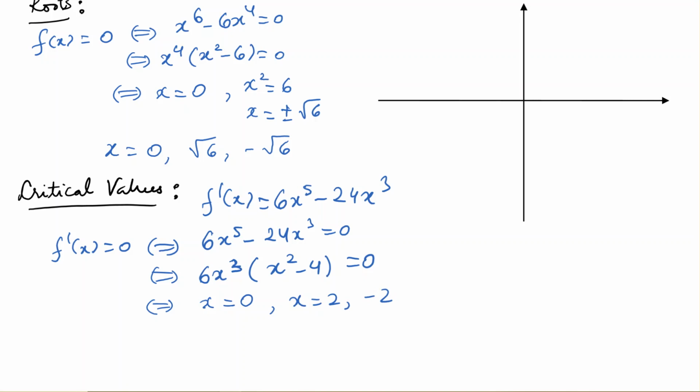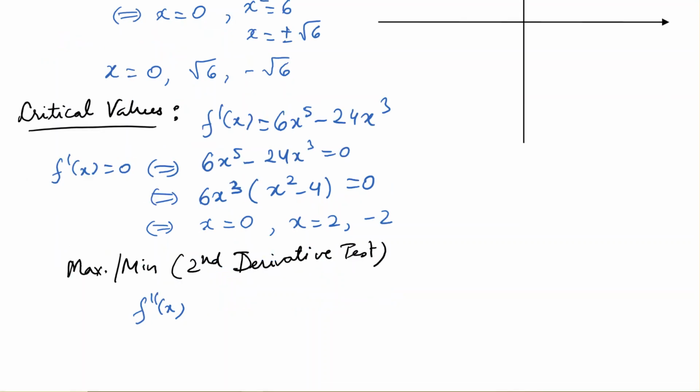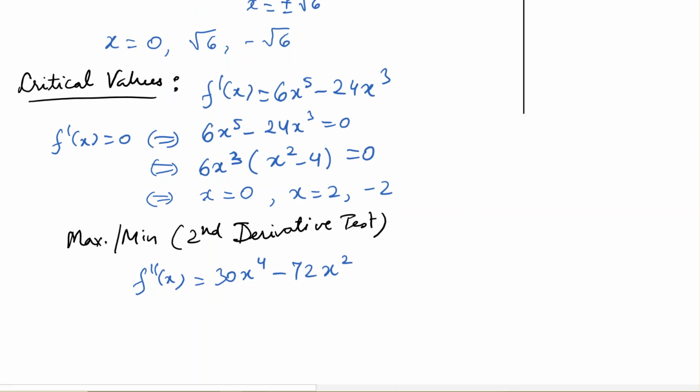For that, we're going to use our second derivative test because this function is very easy to differentiate again. So quickly I see that my second derivative is 30x^4 minus, so 24 times 3 is 72x squared. And at the different critical points, I'm going to plug in the values.